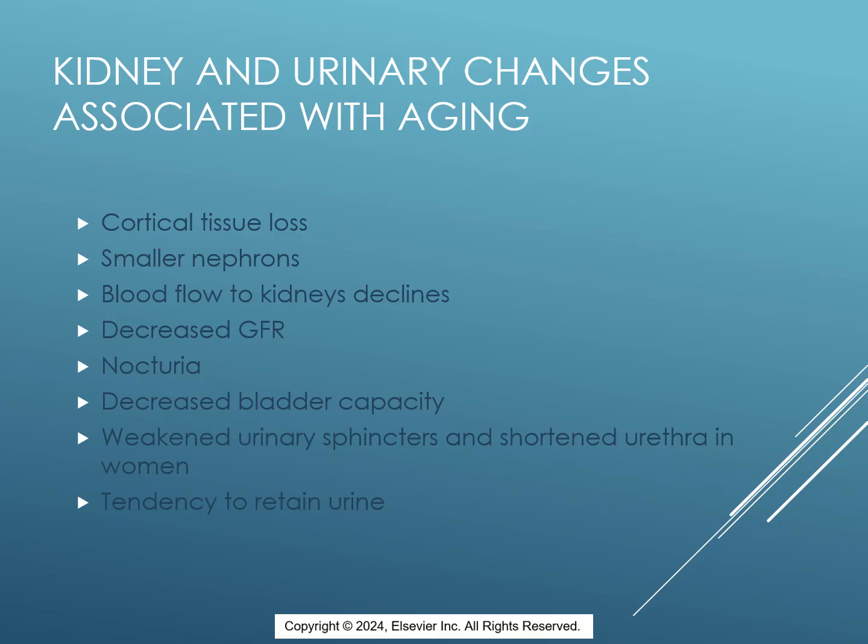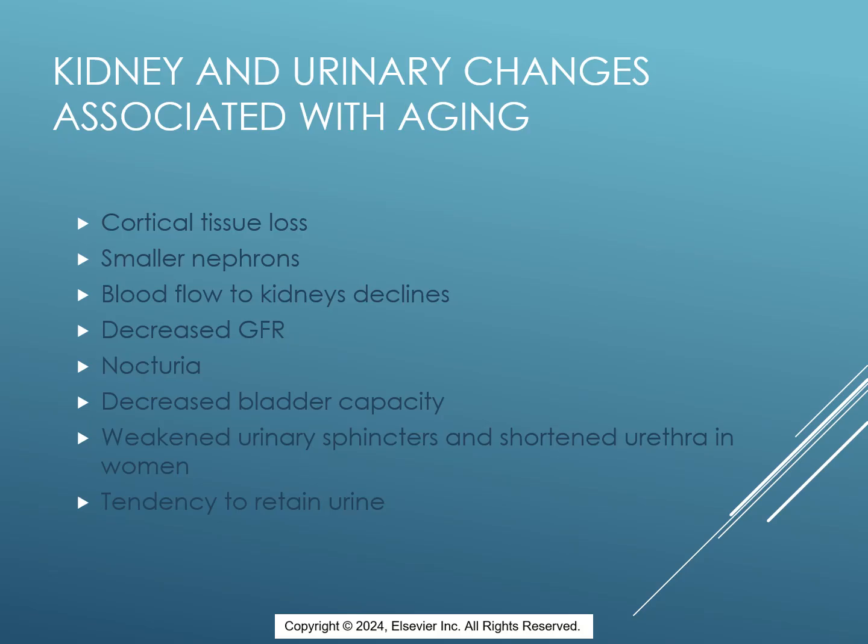Kidney and urinary changes associated with aging. Kidney changes: reduced cortical tissue and nephrons lead to smaller kidneys. Decreased renal blood flow, 10% per decade. Lower GFR, 65 milliliters per minute by age 65.